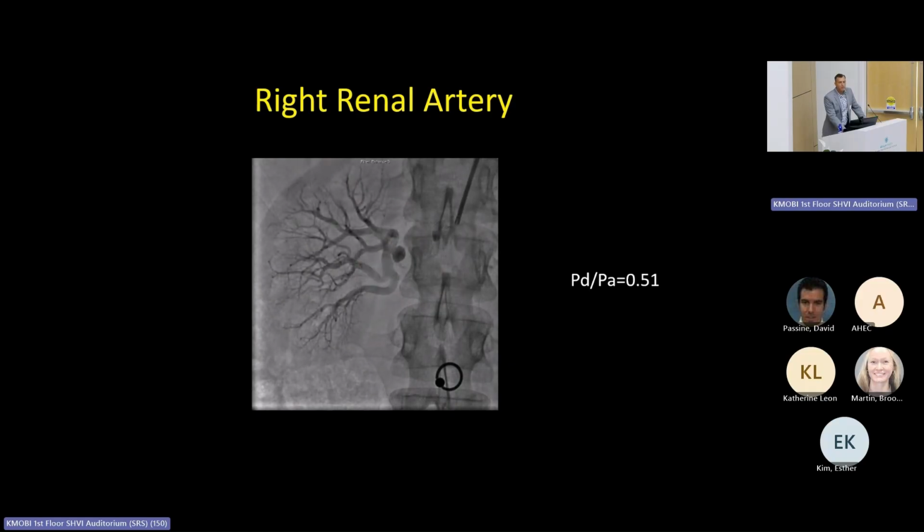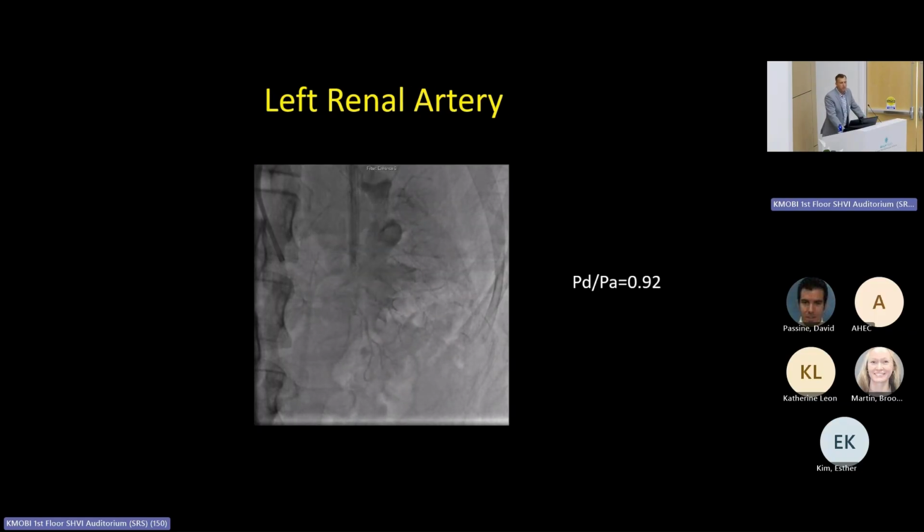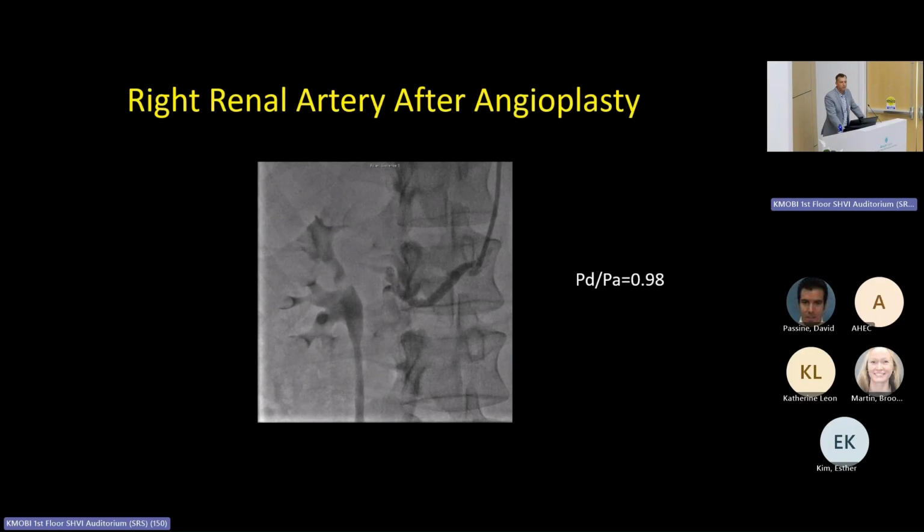The Pd/Pa ratio is where we take a pressure wire, advance it past the multifocal beading, and measure a pressure distally and compare it to the pressure proximally. If that ratio is less than 0.9, then it's hemodynamically significant, and we proceed with balloon angioplasty to treat the patient's resistant hypertension. The left artery has a little bit of beading, but not as bad, with a ratio over 0.9, so not hemodynamically significant.